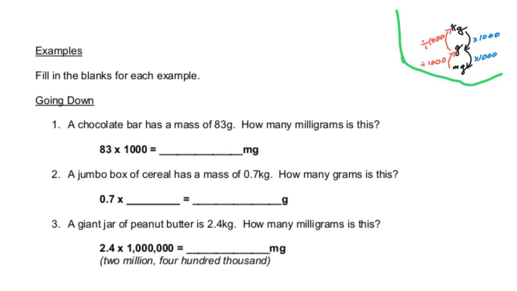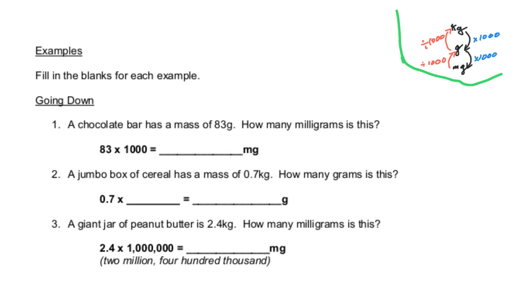How many milligrams is that? Take a look at our little chart here. We're going from grams to milligrams. You'll notice that we have to take our grams, whatever we have, times 1,000.